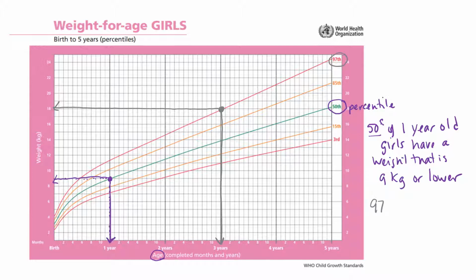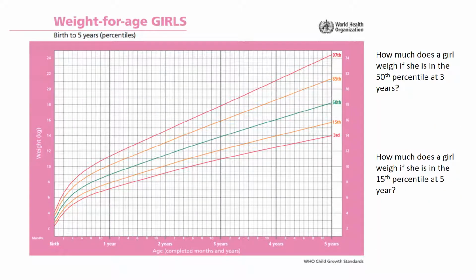So 97% of girls that are 3 years old have a weight below 18 kilograms. So there's a lot of information that can be gained from this kind of chart. Let's do a few more examples.